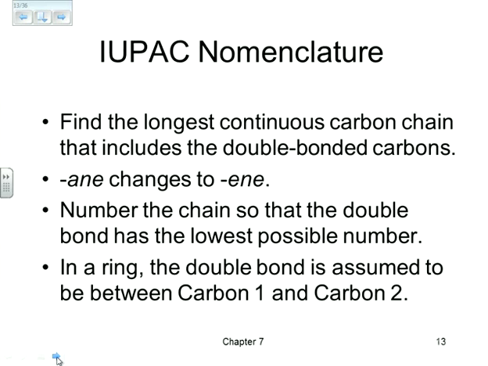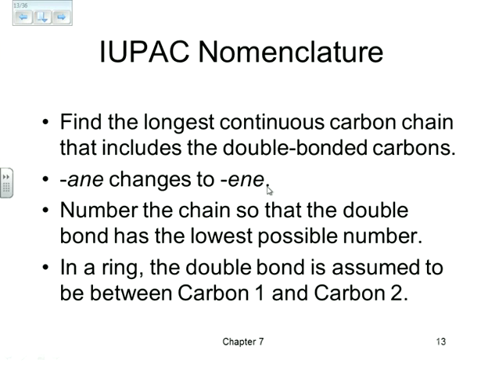And the parent name. But we're not looking at alkanes anymore. We're looking at alkenes. So how do you end it? Ene. So you'll have butene, ethene, pentene. Anyway, so instead of ending in a-n-e, you will now end in e-n-e.